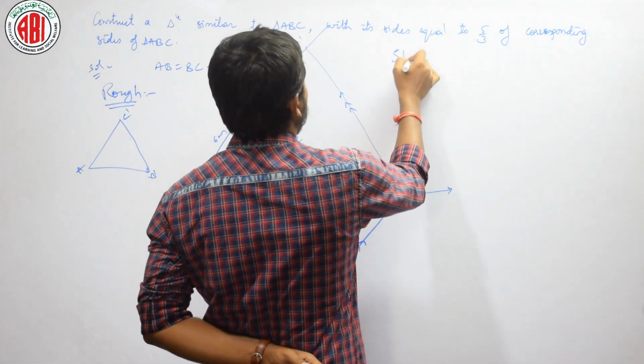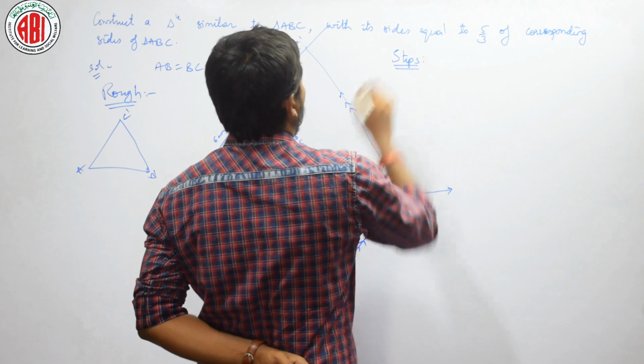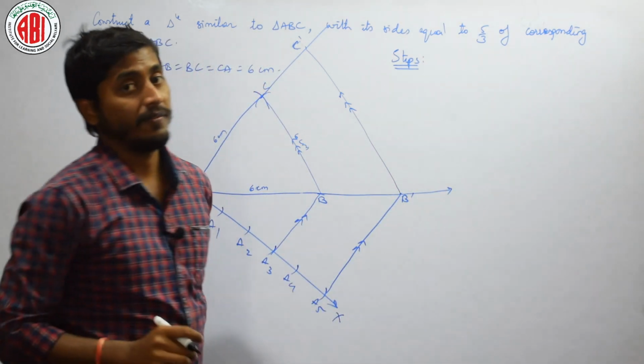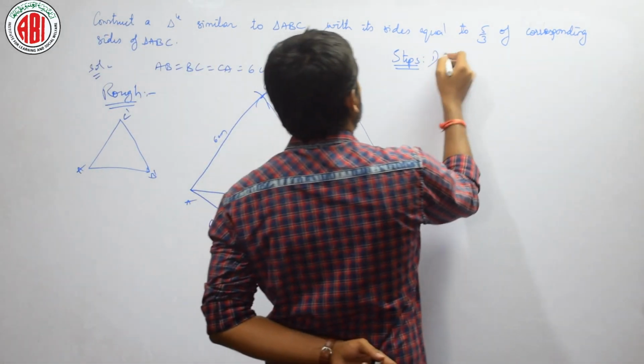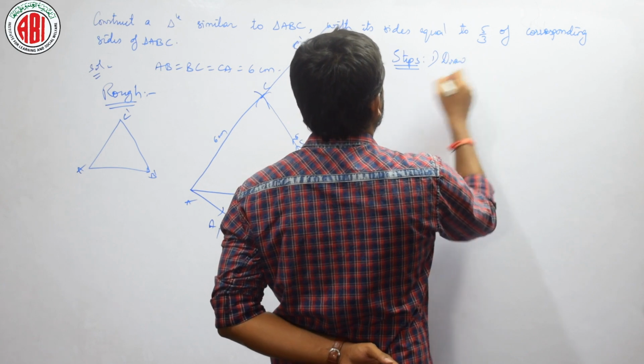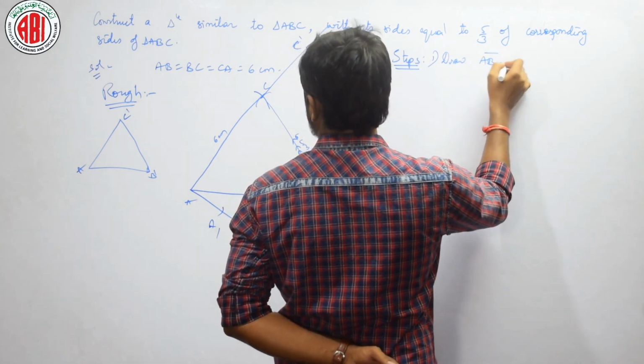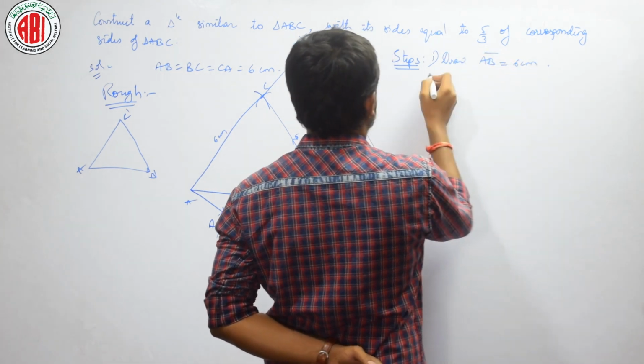Now let us see. Let us write the steps. What is the first step? The first step is draw line segment AB is equal to 6 centimeter.